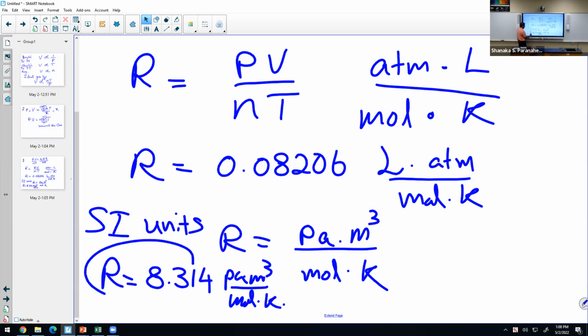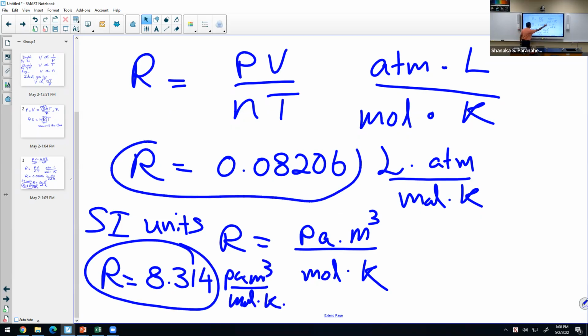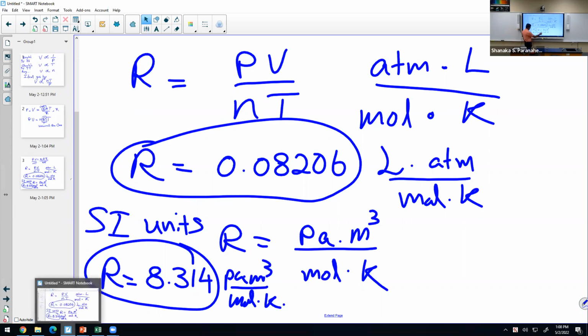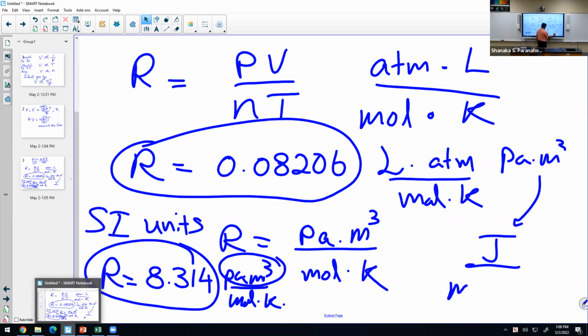Now we can see that depending on our units, the R value is going to change because it's a combination of more than 4 units: Pascal, kilograms, meters, seconds. For this cubic meters times Pascal, we can derive the unit joules. So Pascal times cubic meters equals joules.